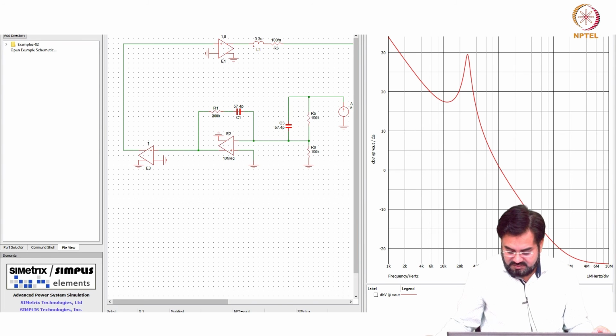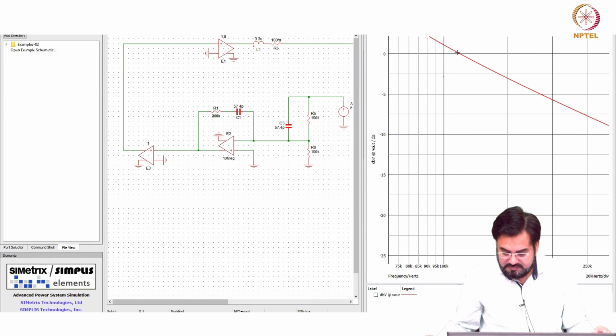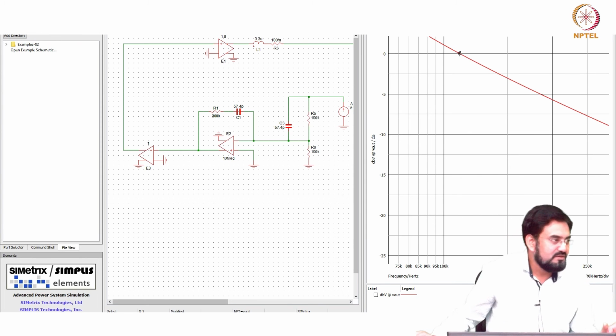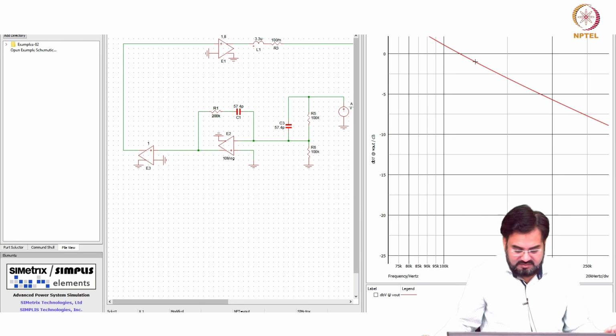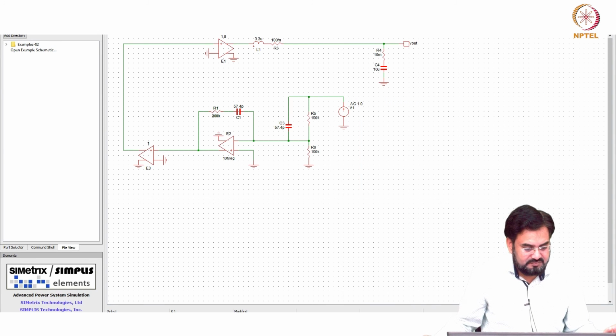Okay. So this is your 110. So only 10 kilohertz we are off, which is fine. Let us look at the phase.